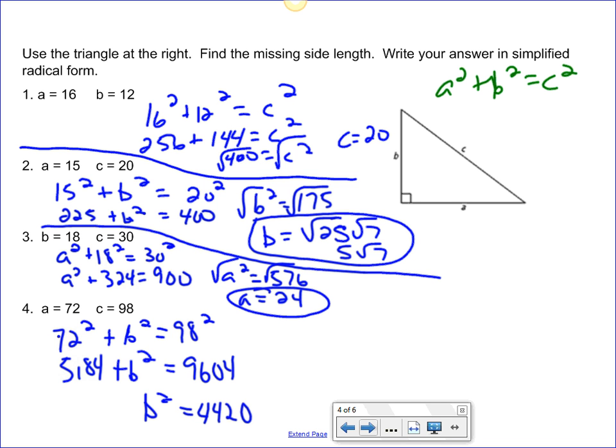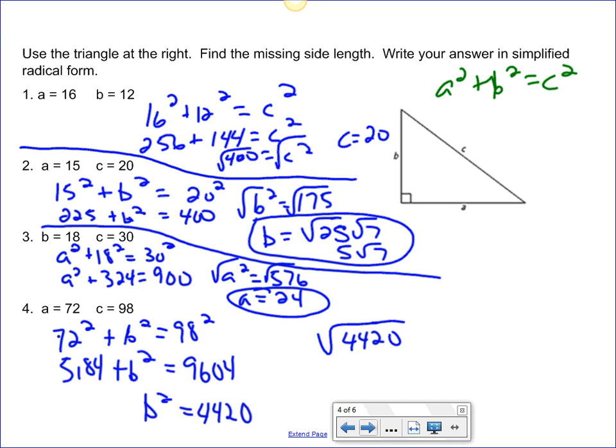That is not a perfect square, so then we have to look for the perfect squares inside of that. So if I try and break down the square root of 4,420, I know that 4 goes in there, so I'm not going to find the biggest one right away.